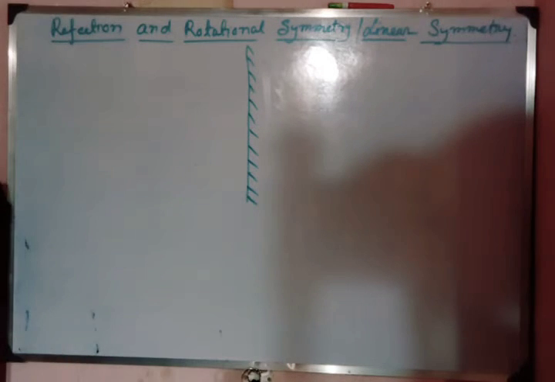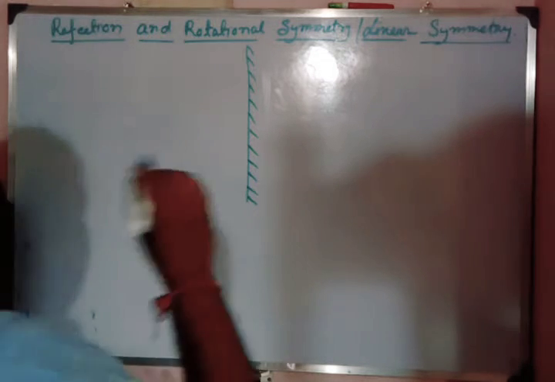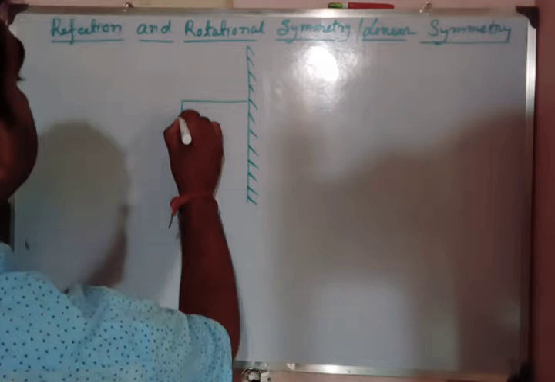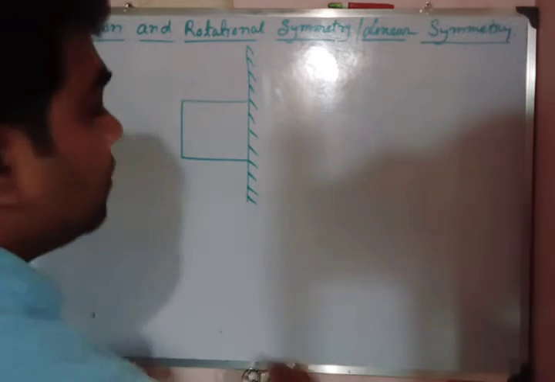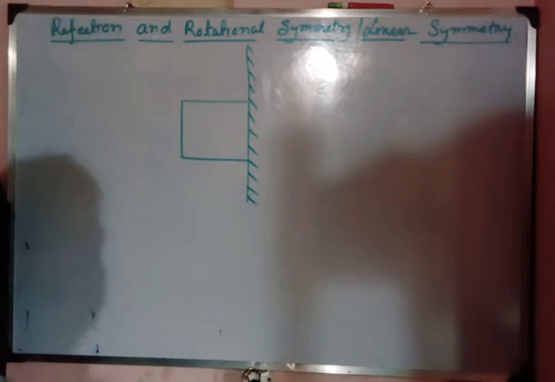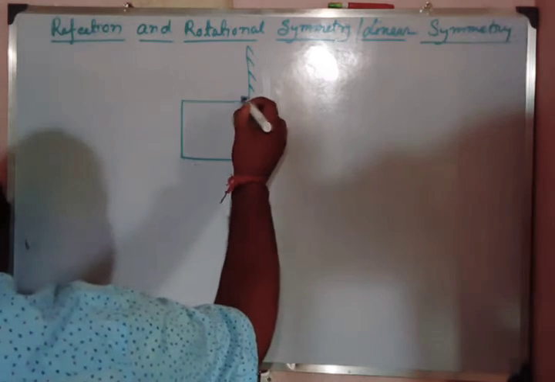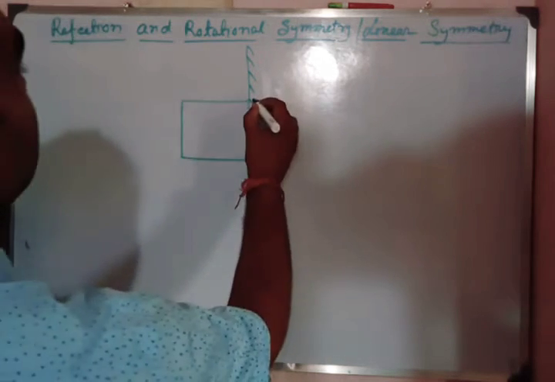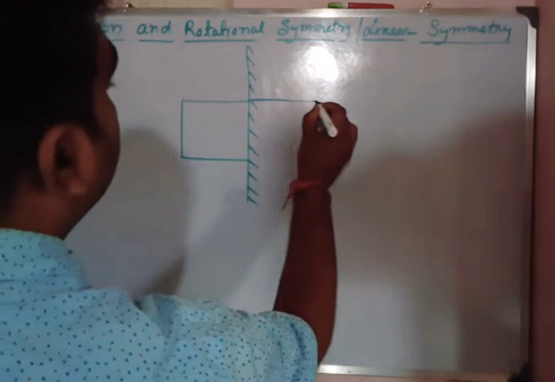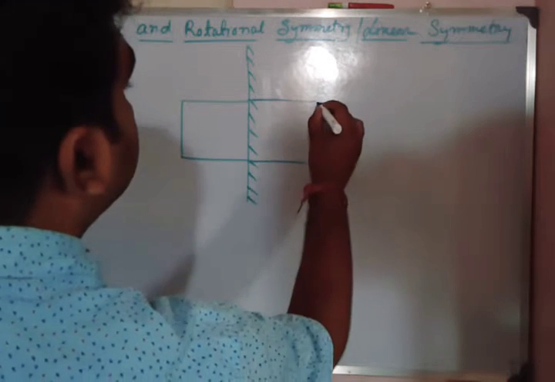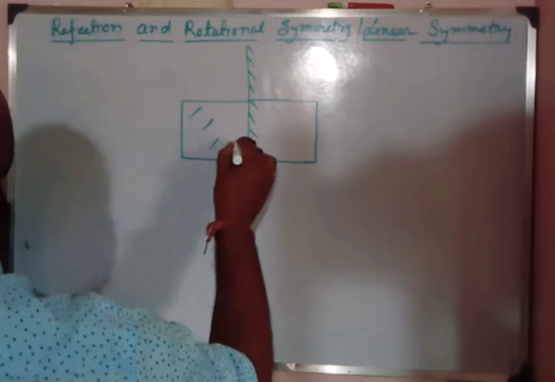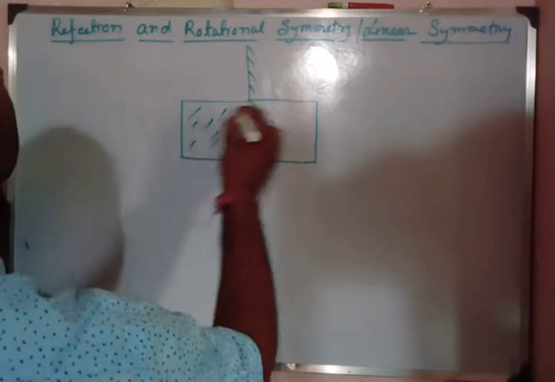Now if we put one object over here, this is the original object, and the image that comes over here also looks like that, if we take this object like this.